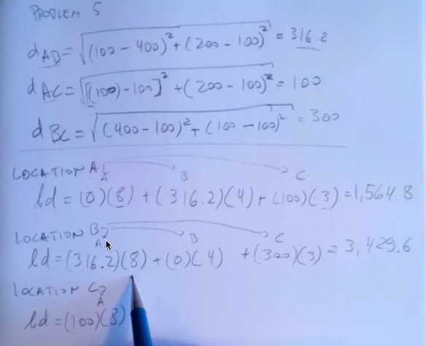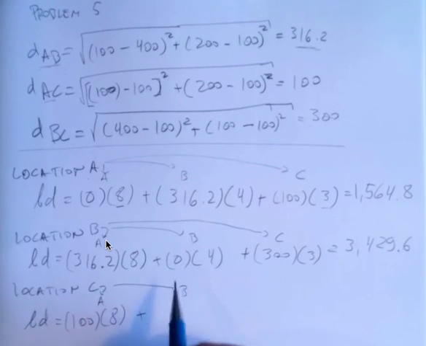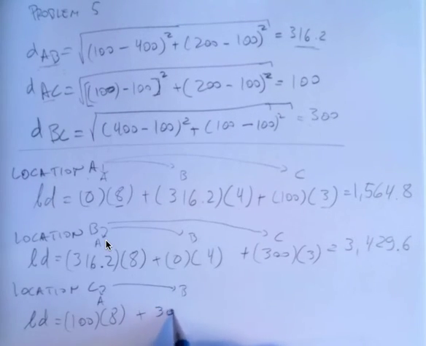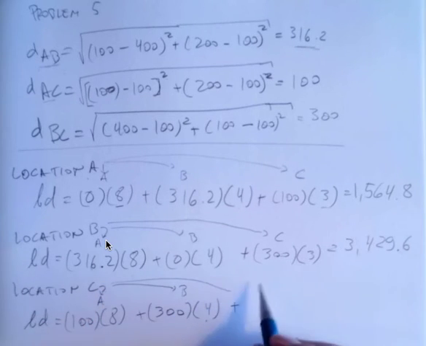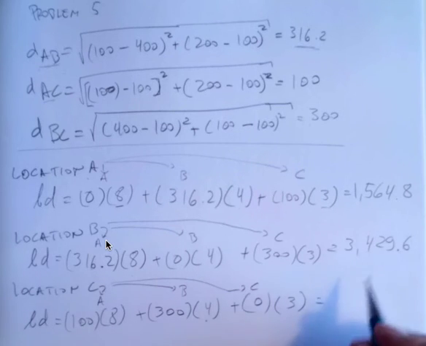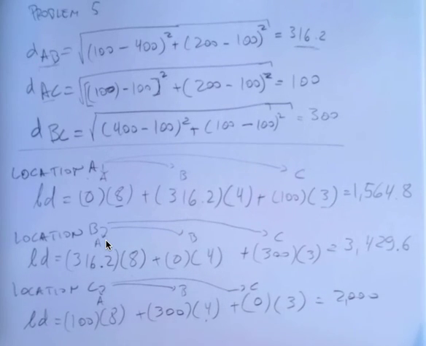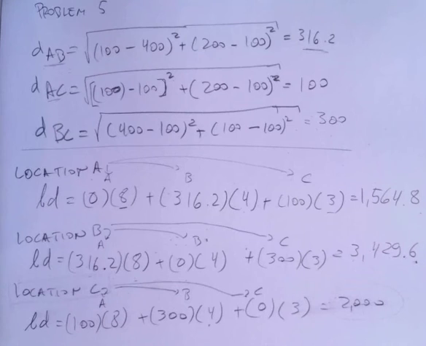Because 8 is going to be the number of times they're going to deliver, plus the distance between C and B, which is 300, times 4, the number of times that I'm going to deliver there, plus the distance between C and C, which is going to be 0, times 3, just to put the times that we're going to deliver there, and that gives us 2,000, right?